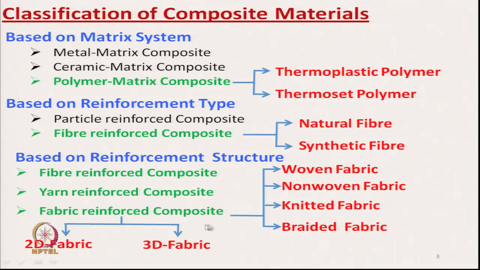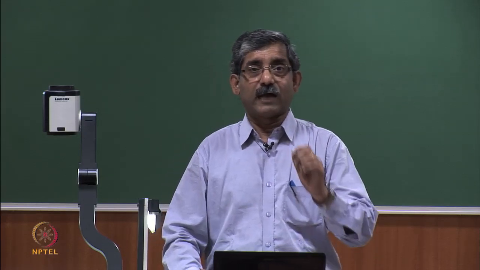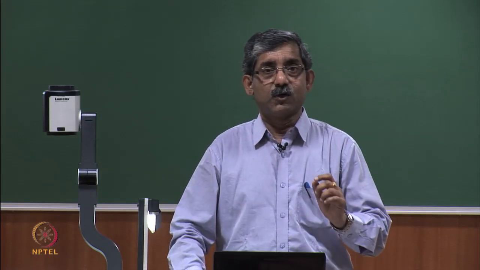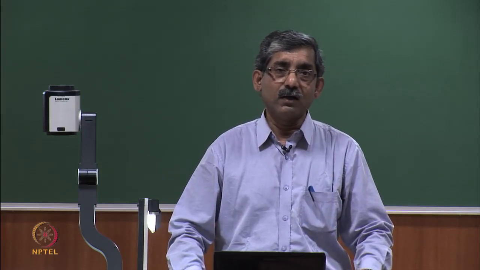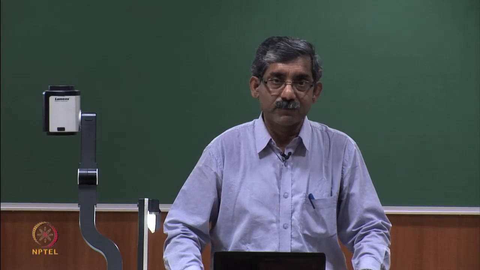fabric reinforced composite. Fabric reinforced composite we can divide in two categories. One is based on the type of dimension, that is 2-dimension fabric or 3-dimension fabric.